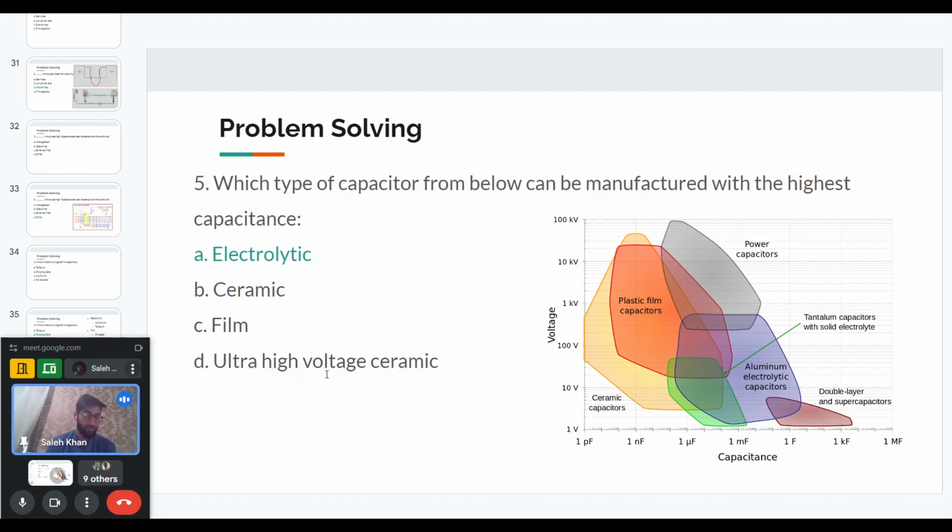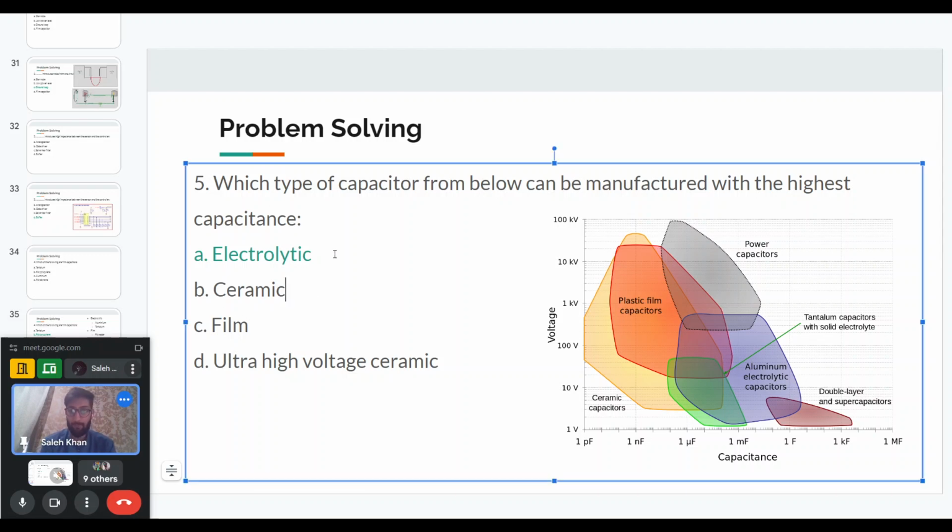In general, it is true that for all of the different types of capacitors that we saw, as we increase the voltage rating, the capacitance value reduces. Ceramic in general does not have very high values, and as we go for high voltage, the values will reduce further. So the answer to this one is only the electrolytic one.